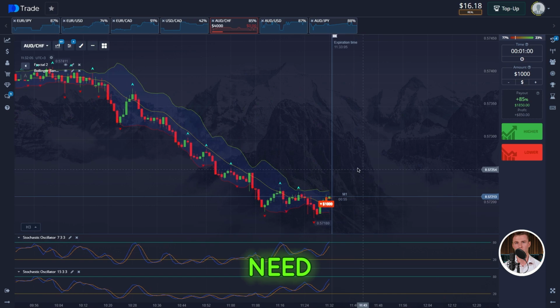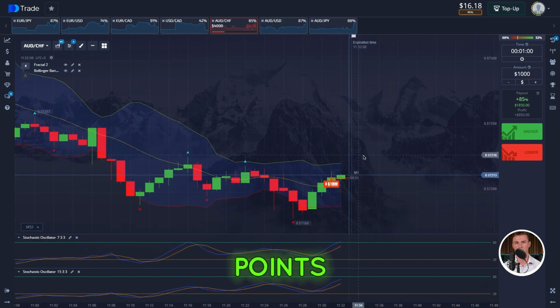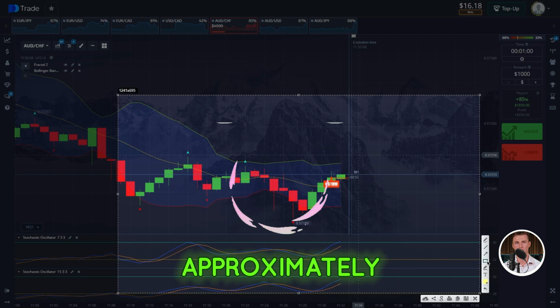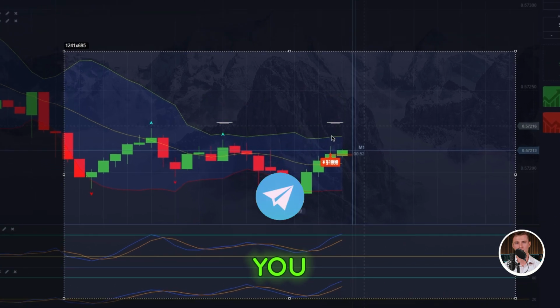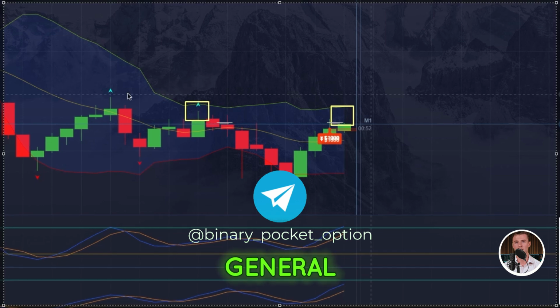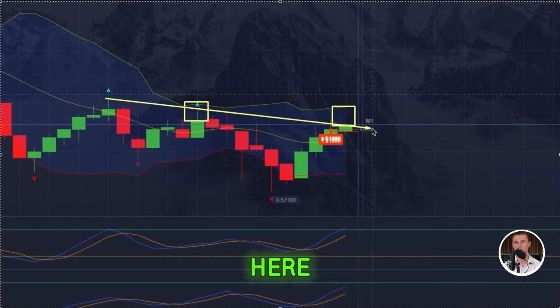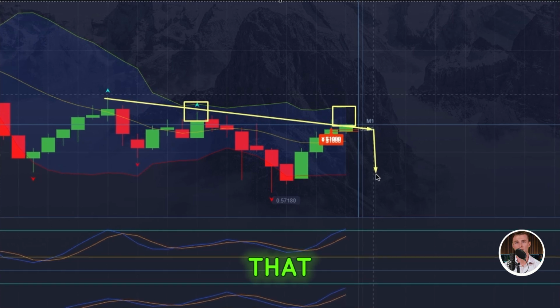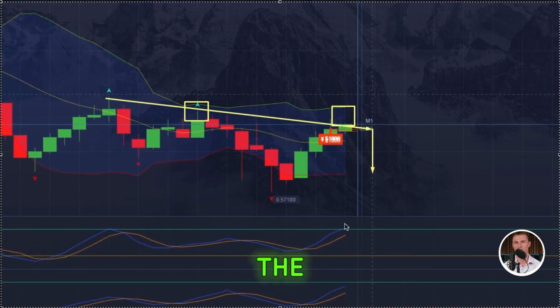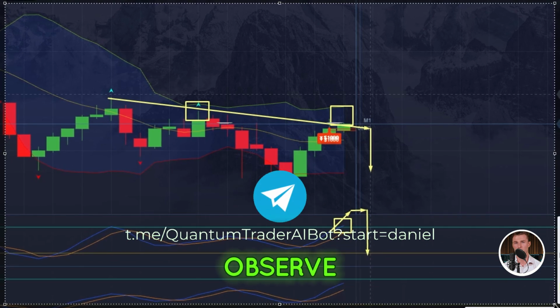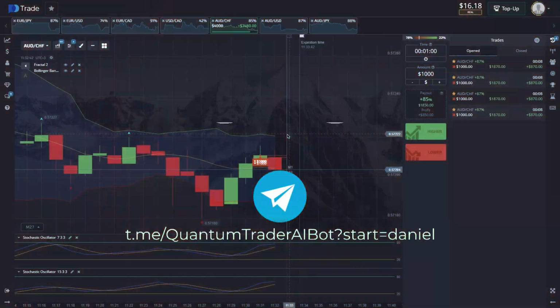And in general, we need to highlight good touch points here. And we see that past price pullbacks reach approximately these areas if you look at the dynamics. And in general, after the breakout, you can also open a downside deal here. We also see an exit that we will have from the overbought area of the upper stochastic. So let's observe the dynamics of the movement.